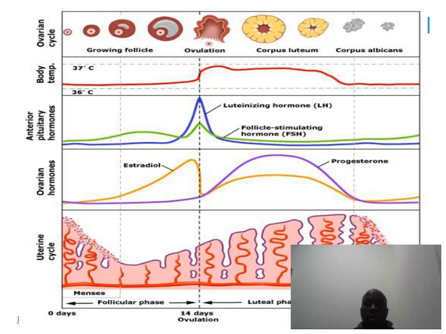Now, this will remain if there's fertilization, if there's implantation of the fertilized egg into the uterus. If there's no implantation, the uterine wall will degenerate. That blood will degenerate, and that's what we call period.